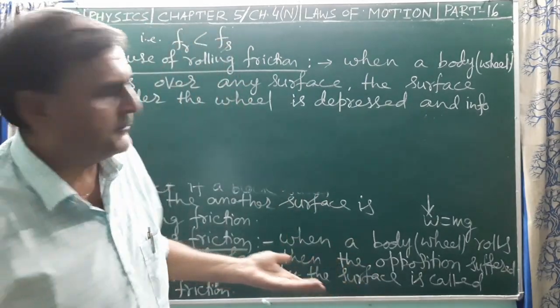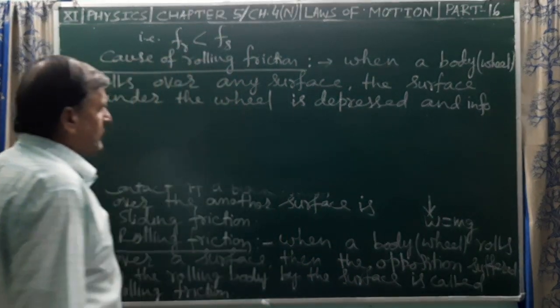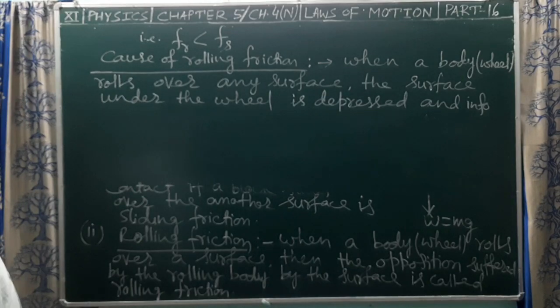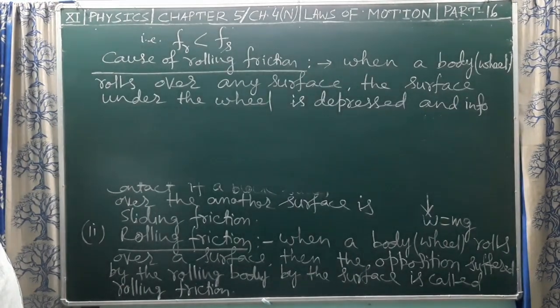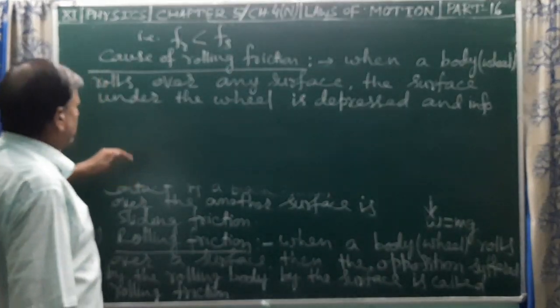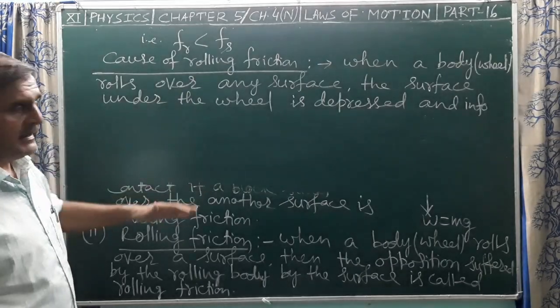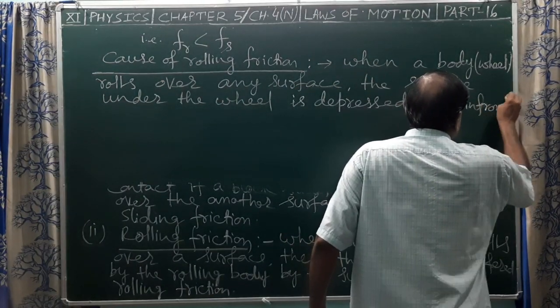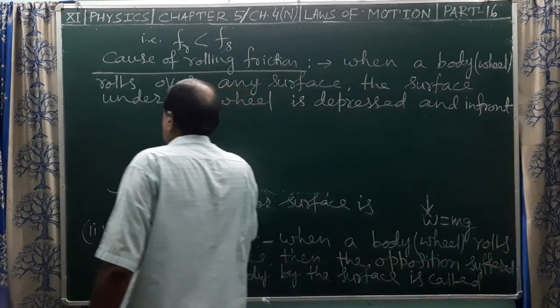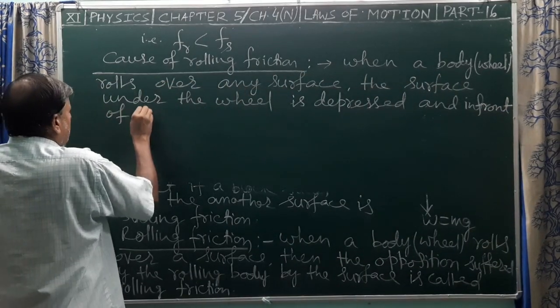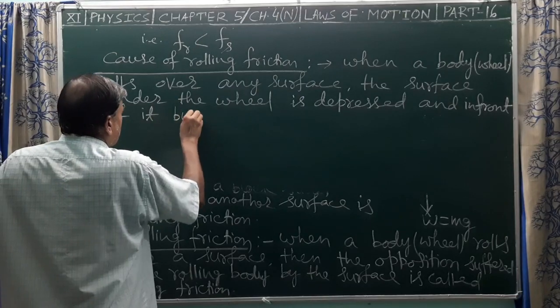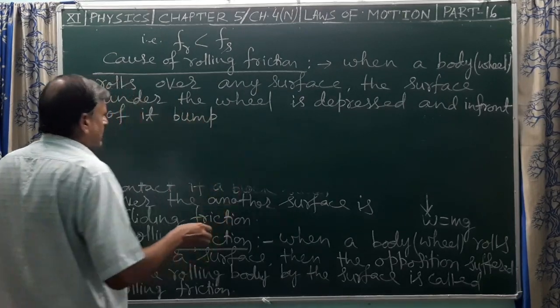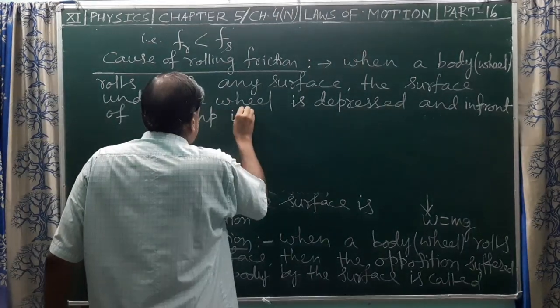So this is the reason of rolling friction. So cause of rolling friction is, when a body, suppose a wheel, rolls over any surface, the surface under the wheel is depressed, and in front of the depressed part of the surface, a bump is produced.